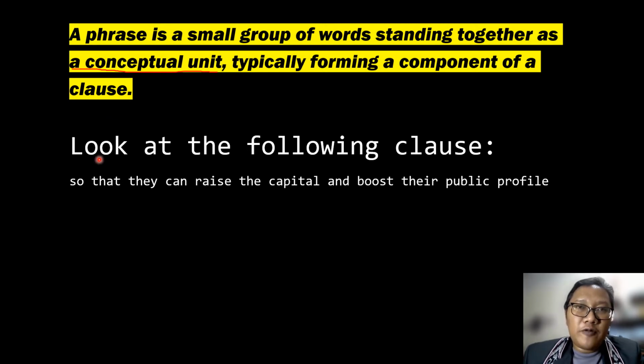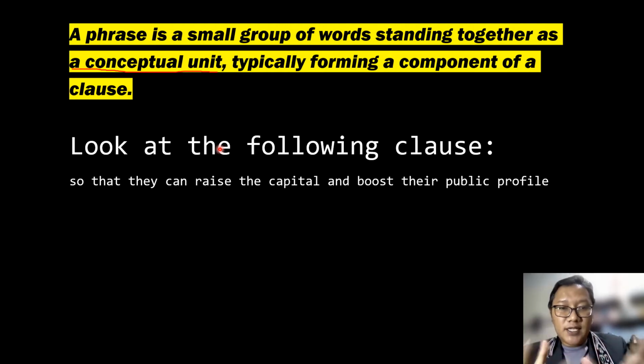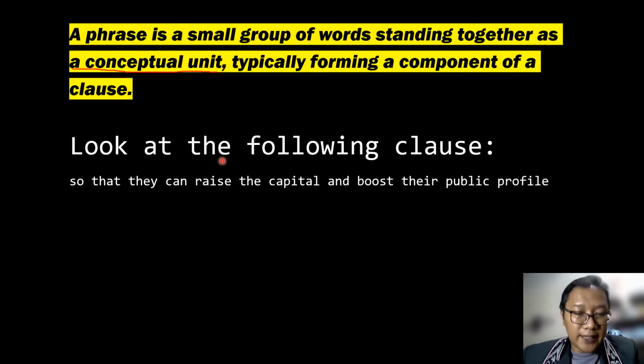So a phrase can form a clause. A word can form a phrase. A phrase is a small group of words. How do we know which one is a phrase? We say a phrase makes one class of word in the sentence. They make one part of speech in a sentence.